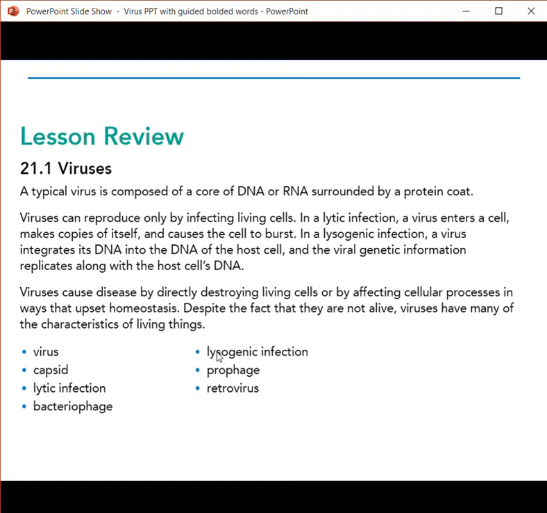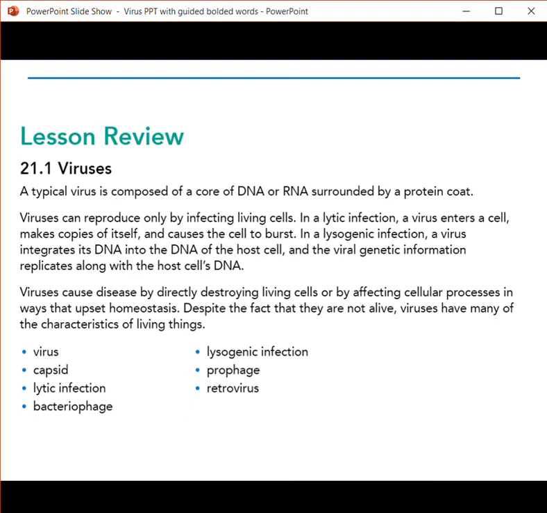Your next word, prophage. Prophage was your bacteriophage DNA that is embedded in the bacterial host DNA. And if we're looking here, we could also say that the prophage DNA is integrated, because we just said that's a word that we're able to use in this situation, so that bacteriophage DNA embeds itself or integrates itself in the bacterial host DNA.